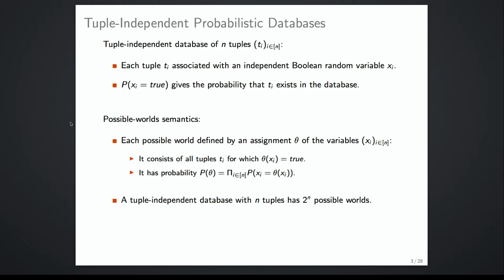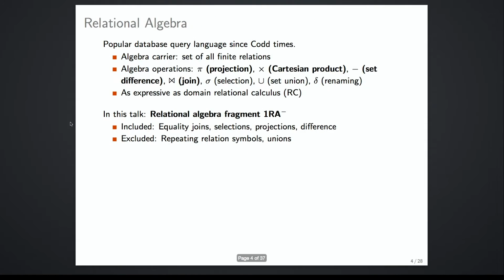If x2, for instance, is false, this means that tuple t2 is not in the database. And if these would be the only tuples we have in the probabilistic database, then the probability of that particular instance will be the probability of x1 being true multiplied with the probability of x2 being false, right? So that's the setting. It's a very simple model.